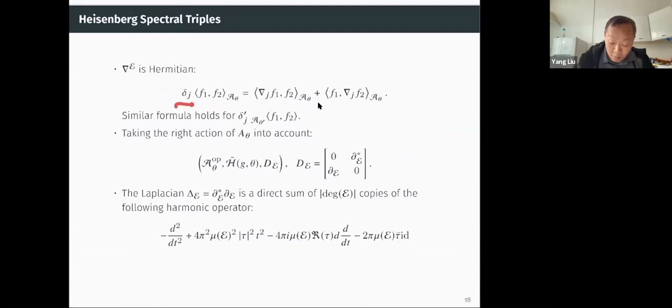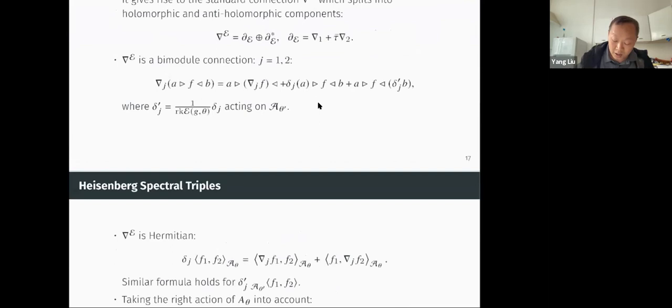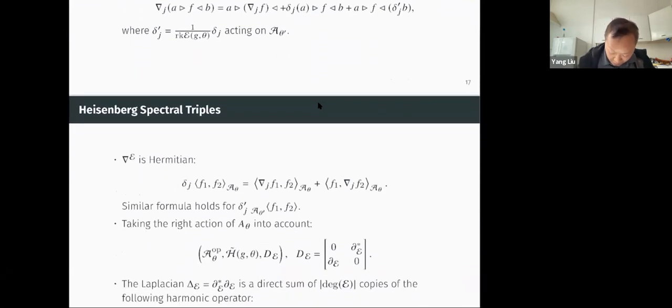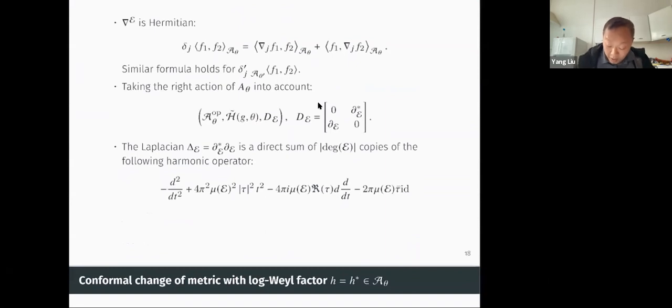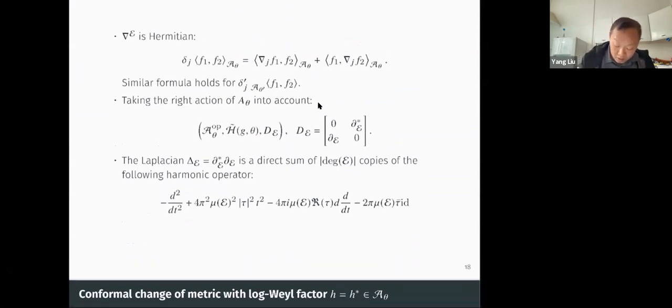I wrote this componentwise, but a similar thing holds for this partial E. Again, now we consider the action of A. We have a right spectral triple in here, represented by the flat metric, because we have not yet changed the inner product.